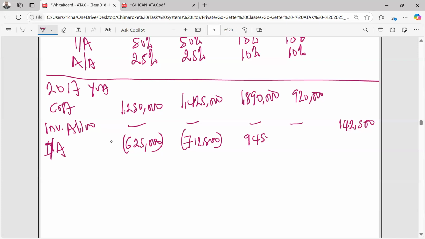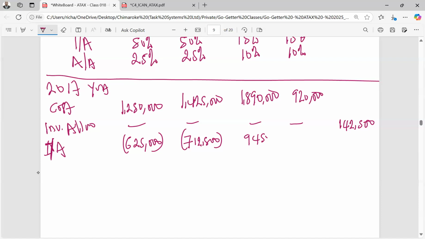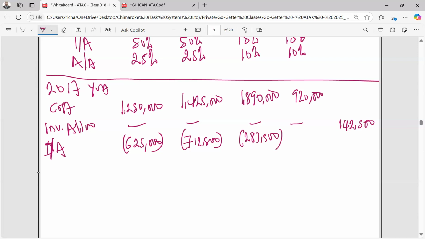Now let's look at 15%. 0.15 times 1,890 gives me 283,500. So let's clean. 283,500. Then we'll take the next one.